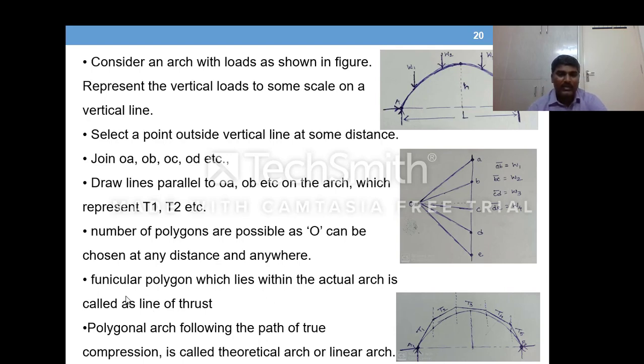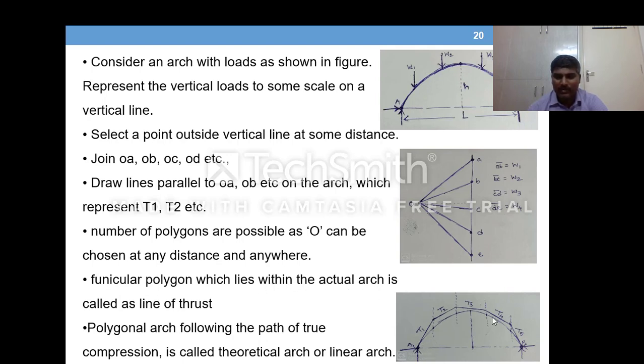So that funicular polygon which lies within the actual arch is called the line of thrust. So how do you get the funicular polygon? By choosing O, it's a trial and error. By choosing O, we should get the network of lines lying within the actual arch.